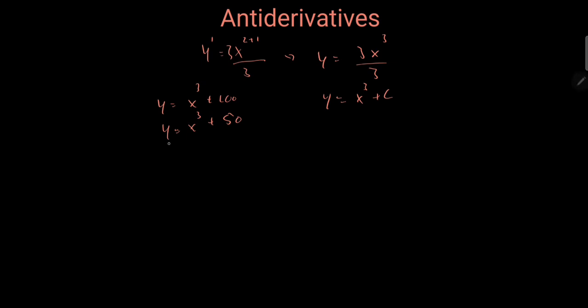So when we get the derivative of this function right here, we get y prime equals 3x squared, right? But when we want to go back to the original function, we can't account for that 50 or for that 100. So we put plus c to account for all those variations and account for the change in the original function, right? So that shows that we're adding an additional value to it.